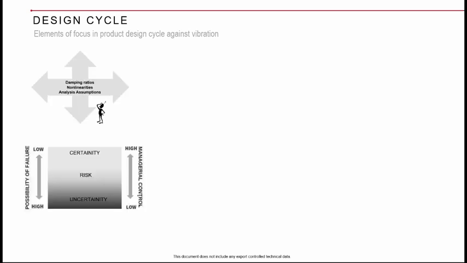So now let's see what are the key elements that we should focus on additionally in the design cycle against vibration. So the uncertainty part. You have seen the damping ratios, nonlinearities, and there are many analysis assumptions that could be made as a part of the simulations itself. Without simulation, we cannot.